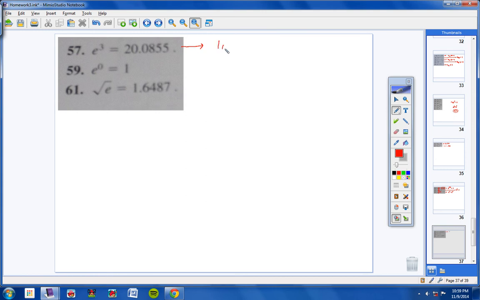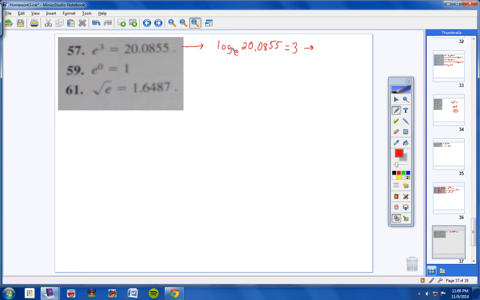Put the word log. Here's your base e, so put a base here. Here's a number all by itself, that's your argument. Here's your power, 3 goes all by itself. That's not a good answer. Never put log base e.